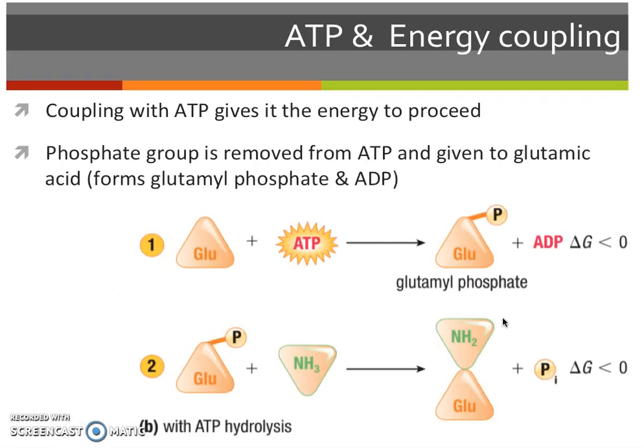All right. Let's see what happens if the phosphorylation happens. The idea is that you're going to couple with ATP to give it energy. In this first reaction, we have glutamic acid again, and then there's ATP, and then one of the phosphates is moved over to the glutamic acid. That gives us glutamyl phosphate, so this is phosphorylation.